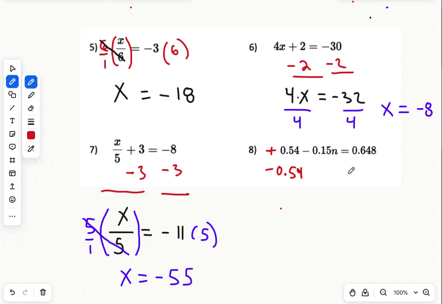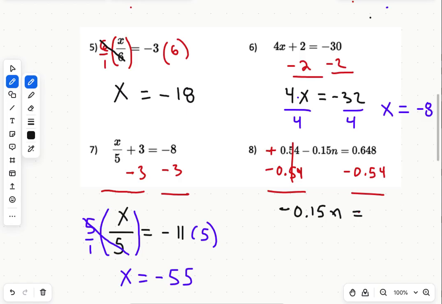And what I do on this side, I have to balance out by doing on the other side. So this is 0.54 minus 0.54, so those have canceled, and that's going to leave me over here, just careful not to lose this sign, negative 0.15n.